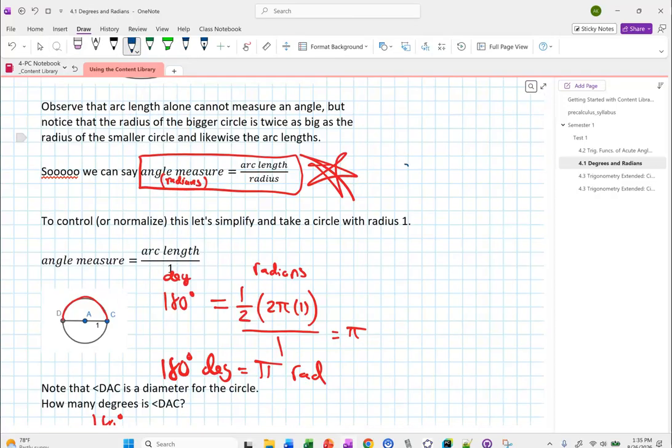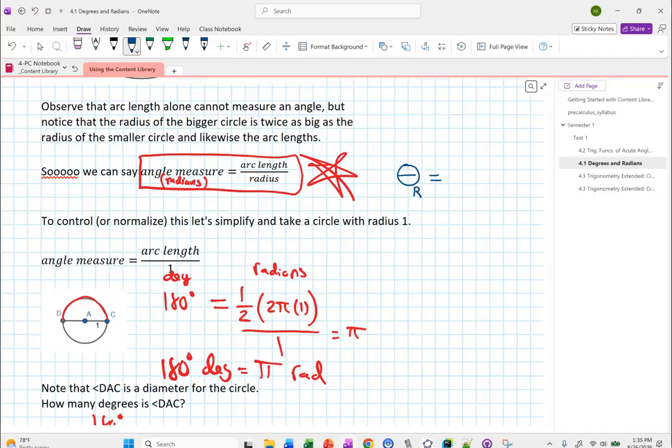So I'm going to write theta for my angle measure. And to indicate that it's in radians as opposed to degrees, I'm going to put a little subscript r on that. The r stands for radians.